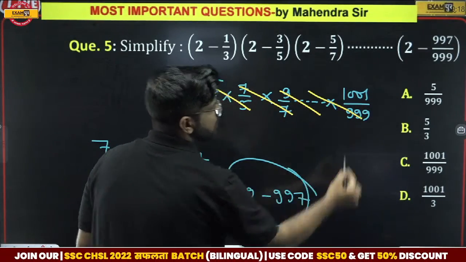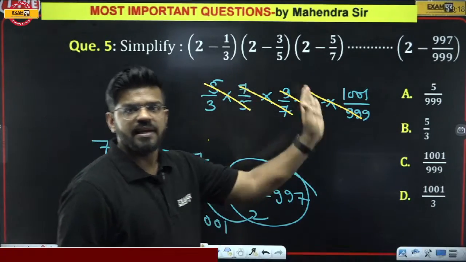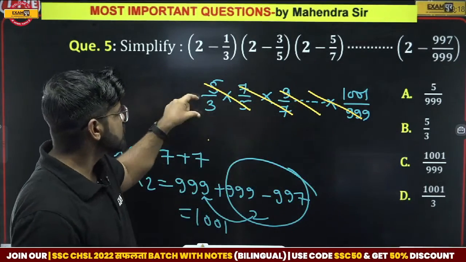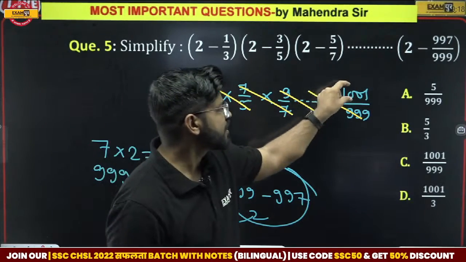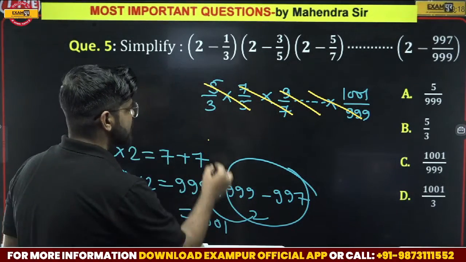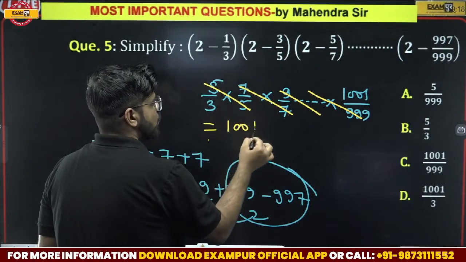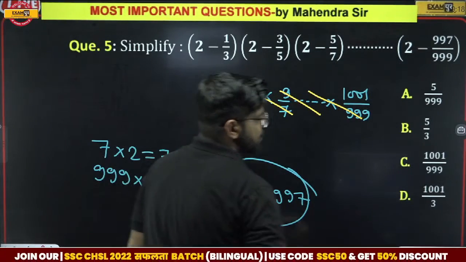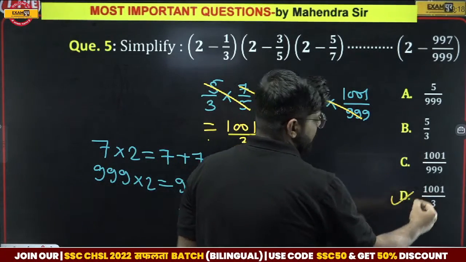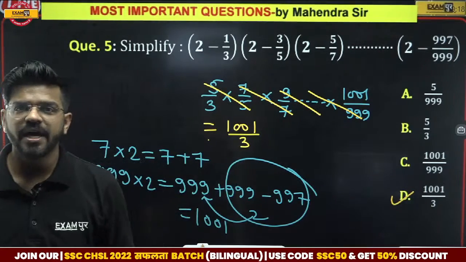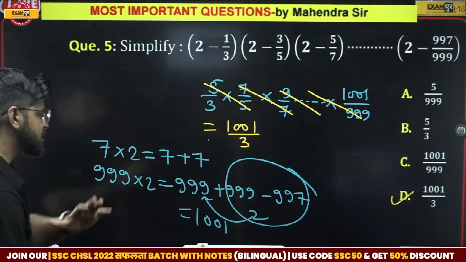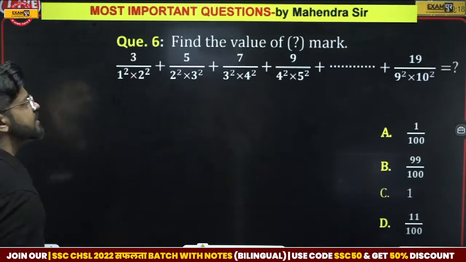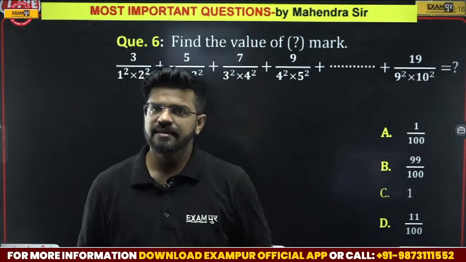This is how these terms will get cancelled out, and you will get the denominator of this and the numerator of this. So what will be the answer for this question? 1001 divided by 3, that means option number D is my right answer. Superb, Sam. Absolutely correct. Option number D is the right answer.